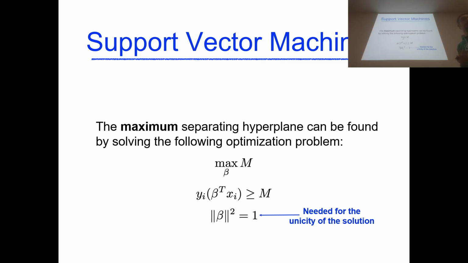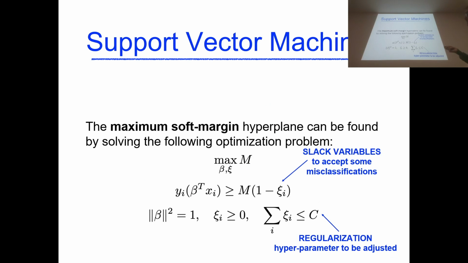They are penalties for misclassification. So in this formulation, the problem is the same, but we have an additional set of parameters. We want our hyperplane to respect the margin, but we tolerate some error, basically.